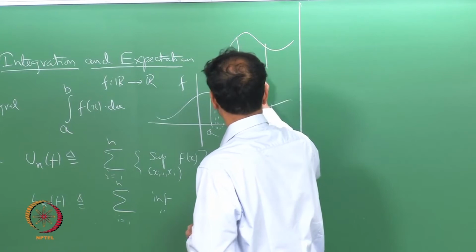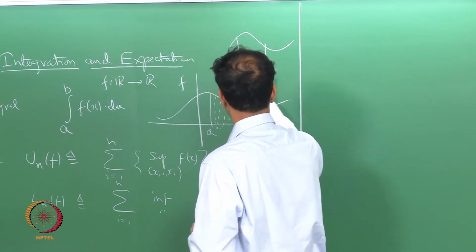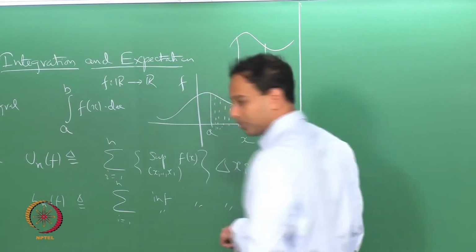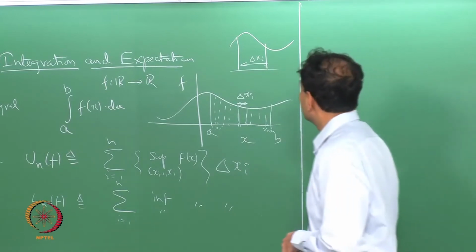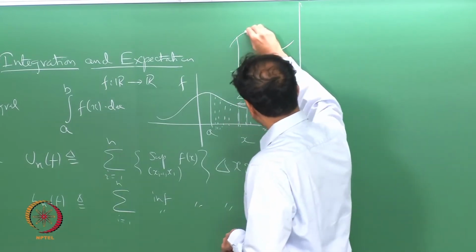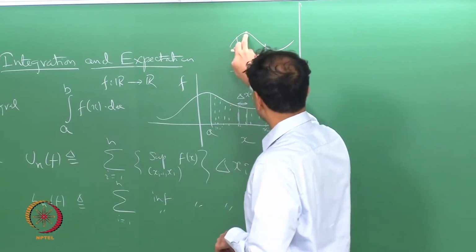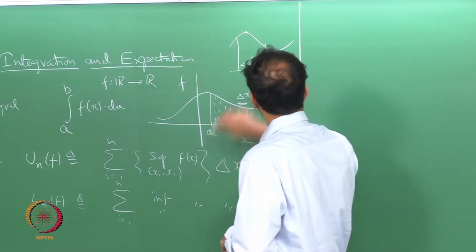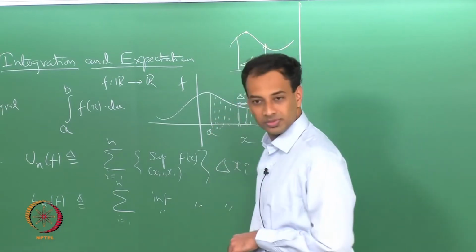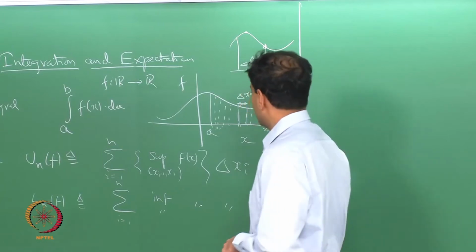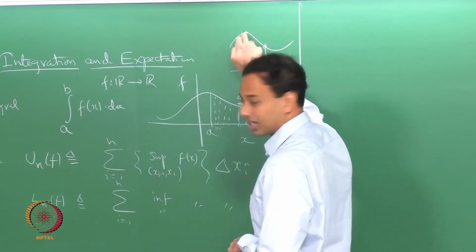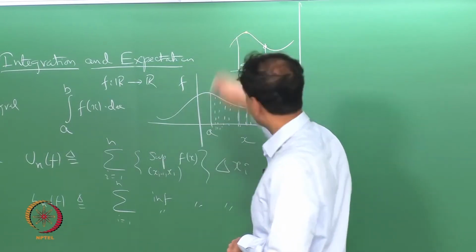Suppose that is my delta x i. Okay. So, I have a particular n and a certain partition. So, in this case I will have the supremum is here, this value, and the infimum is, let us say, that value, right.